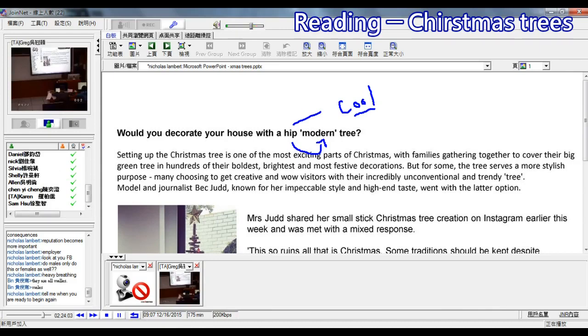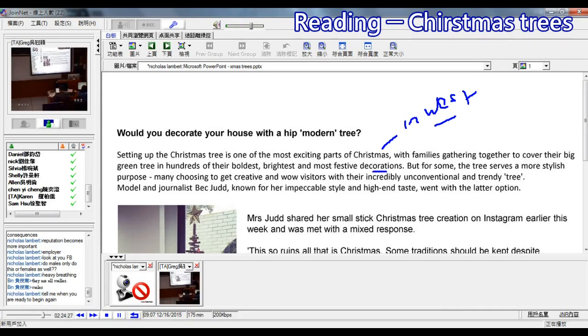Now, setting up the Christmas tree is one of the most exciting parts of Christmas. If you like, this is in the West. I know it's not as strong a custom in the East. With families gathering together to cover their big green trees in hundreds of their brightest and most festive decorations. So families love decorating trees together.